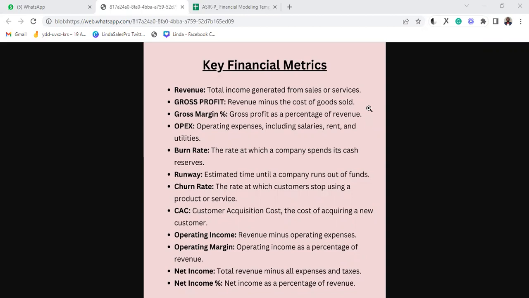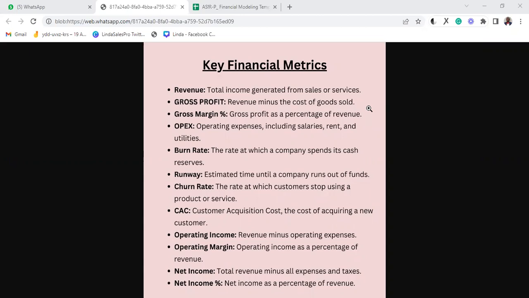Where would you be having more money coming in? Where are you spending much money? So that's what your financial modeling is going to help you provide, right? So before we get into that practically, we just have on the screen some key financial metrics, right?